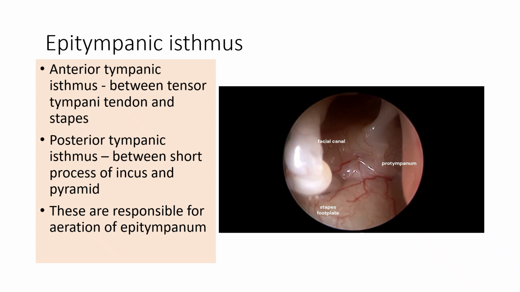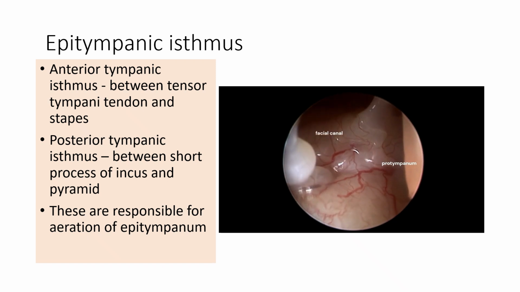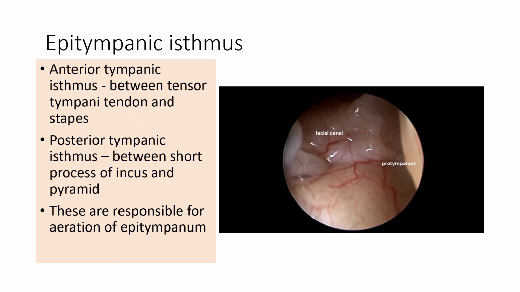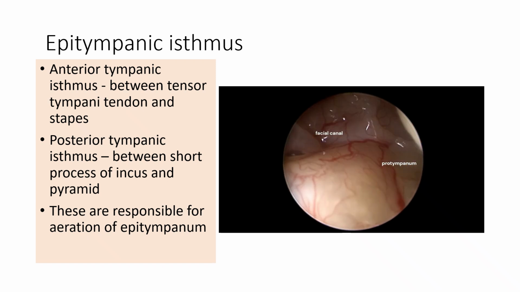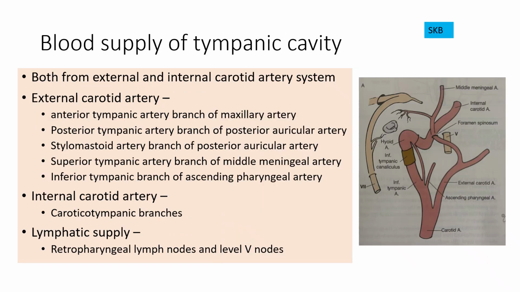We can see the processus cochleariformis and the tendon of the tensor tympani. Just anterosuperior to the processus is the first genu of the facial canal, and then we can trace this anteriorly. You can see the eustachian tube opening and a close-up view of the tympanic plexus.